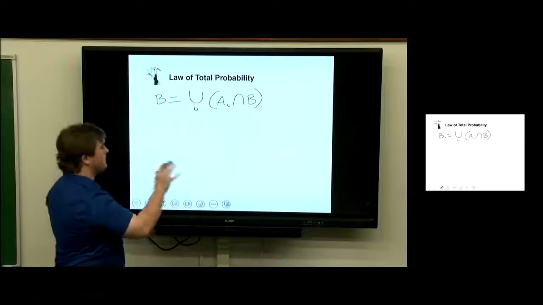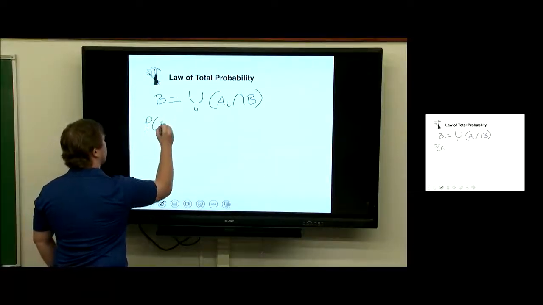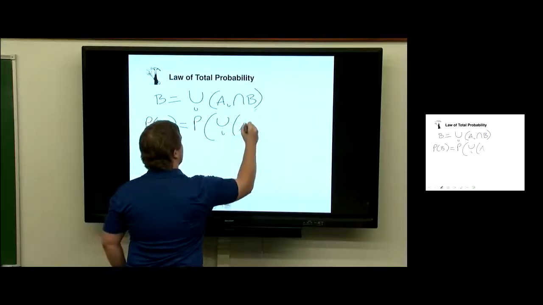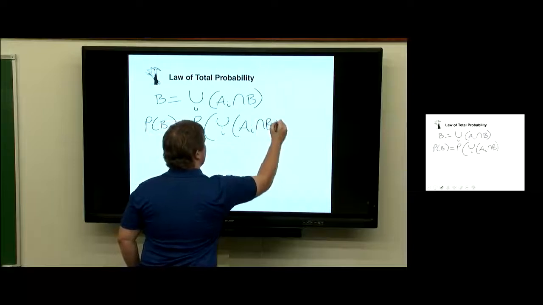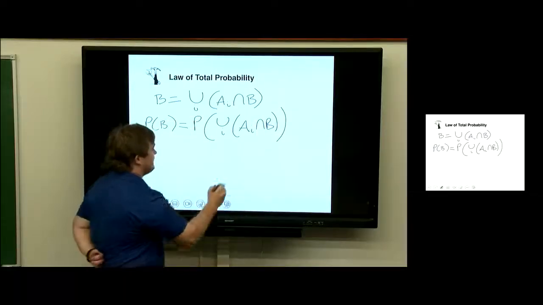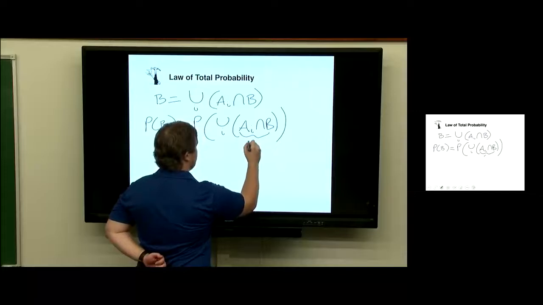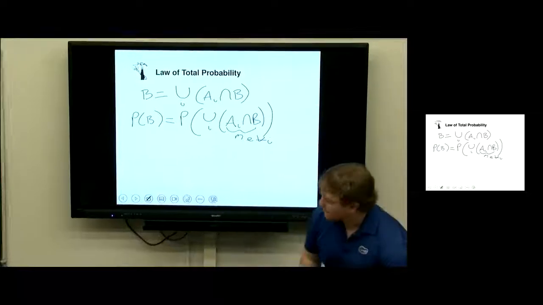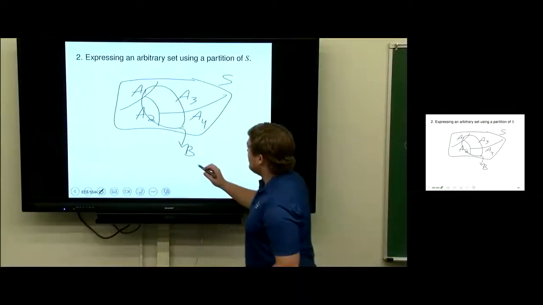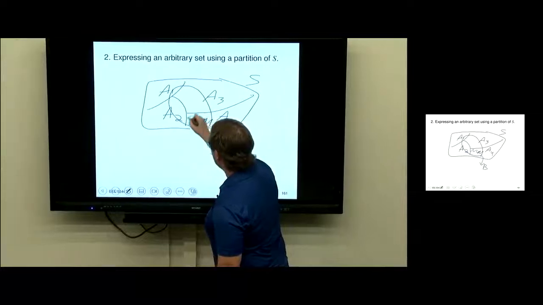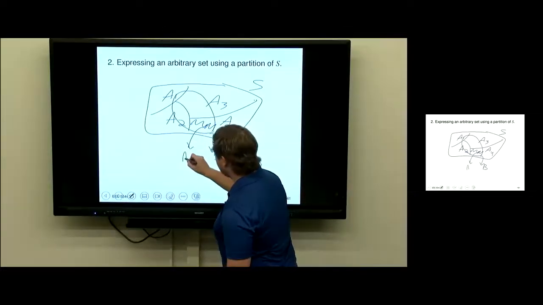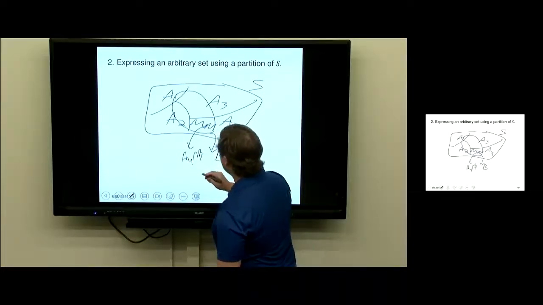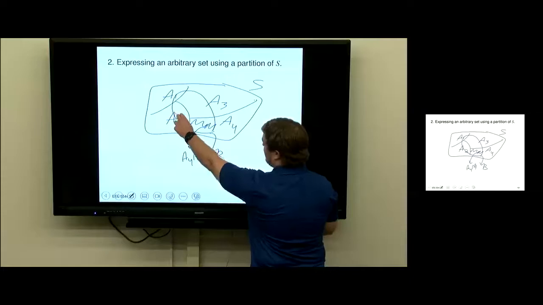But then we can take the probability of both sides. If you go back and look at this picture, you'll see that these pieces are mutually exclusive for all I. This little piece in here is A sub 4 intersect B, and you can see that A sub 2 intersect B is mutually exclusive from that.